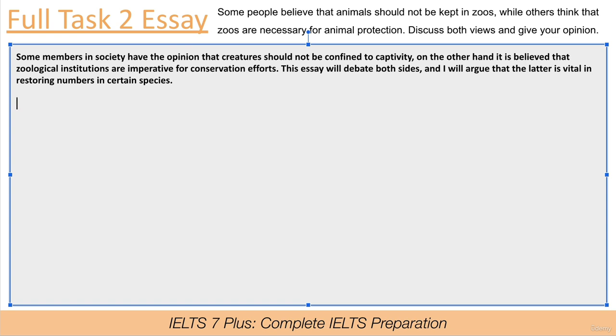Let's read this back and see how it sounds. Some members in society have the opinion that creatures should not be confined to captivity. On the other hand, it is believed that zoological institutions are imperative for conservation efforts. This essay will debate both sides, and I will argue that the latter is vital in restoring numbers in certain species.